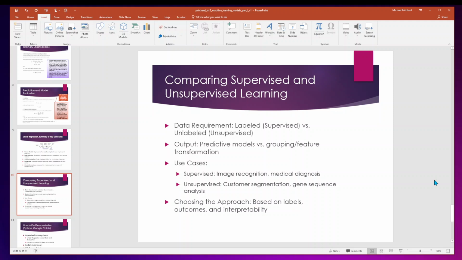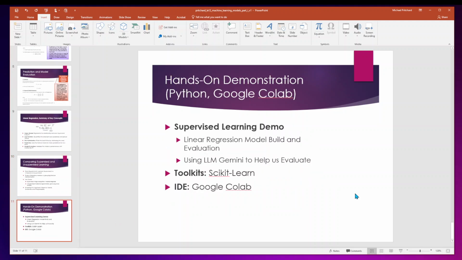So, hands-on. Our lab this week is going to be focused on Google Colab, using Google Colab and Python as a programming language. We'll be going through a demonstration of a supervised learning model, in this case a linear regression model. We're going to do a build off of some pre-trained data.